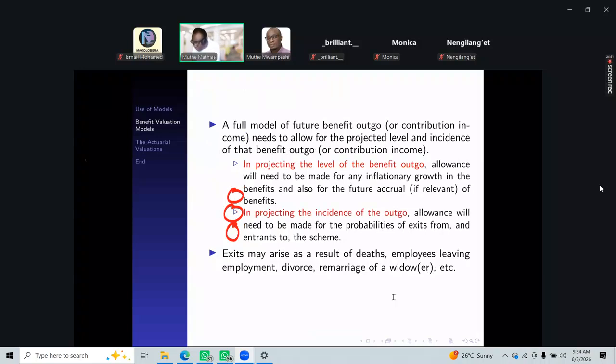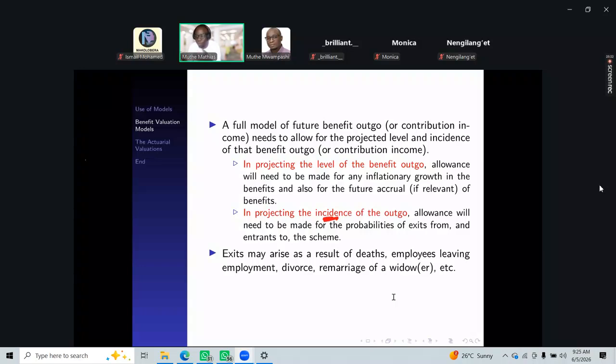This is the point I covered before, that when it comes to projection, we are not only talking about projecting the amount, right? We are also talking about projecting the timing, or the incidence. Because, like I said, what is going to trigger the pension benefit? You don't know. That is the incidence.